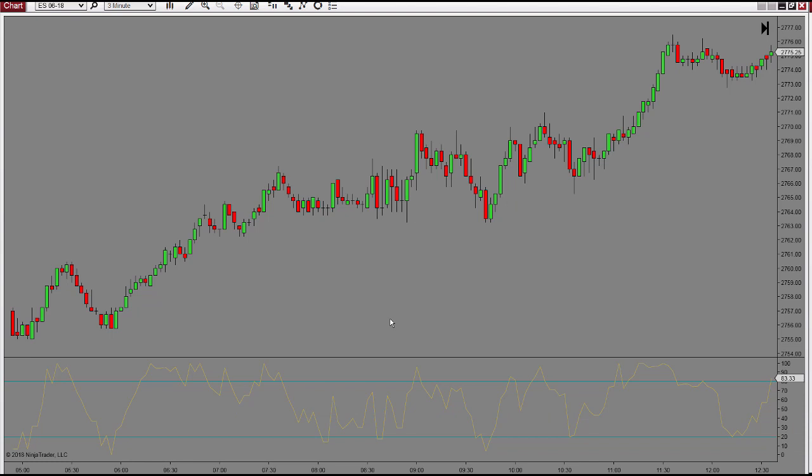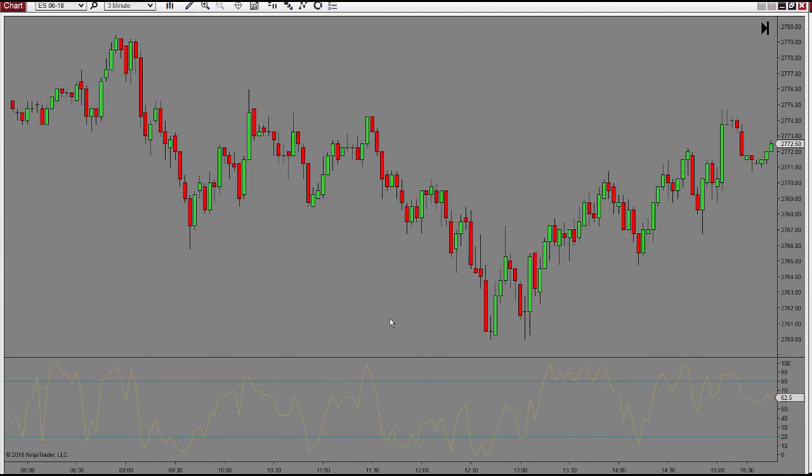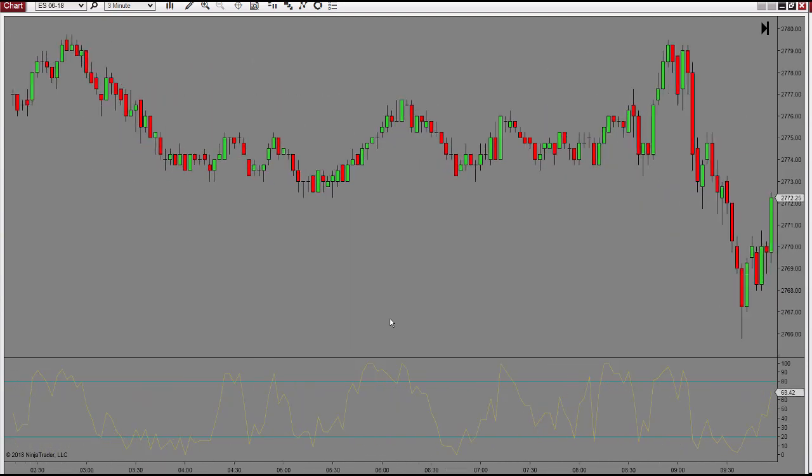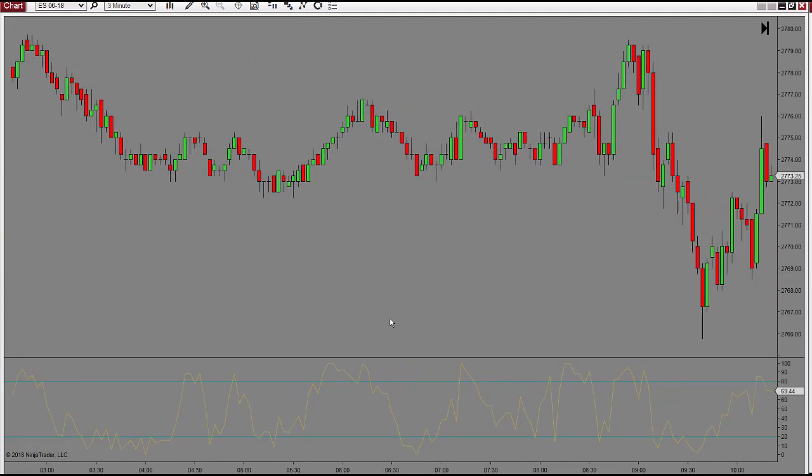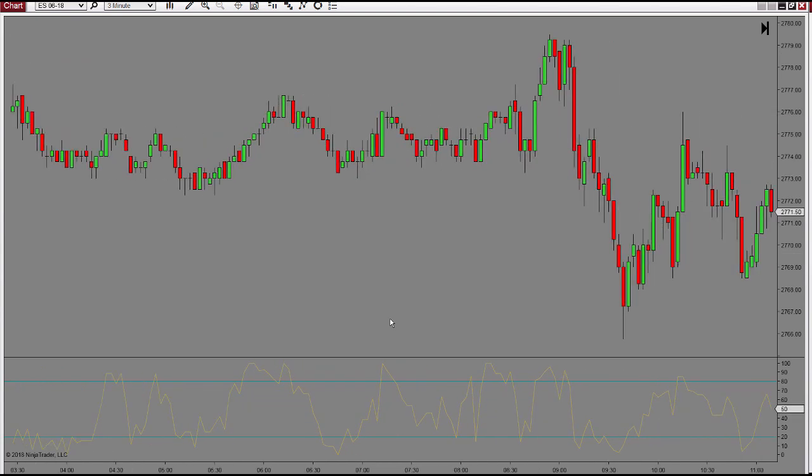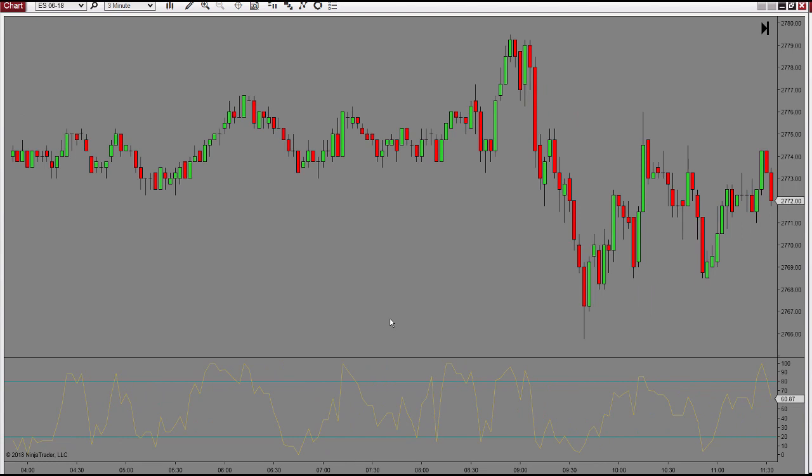If we go back and we look at this chart, what do you do on a day like this? I mean, it's a little messy, right? Well, if we look for that little pattern that I just showed you, you've got it right.